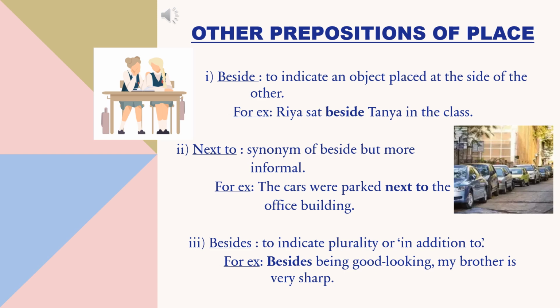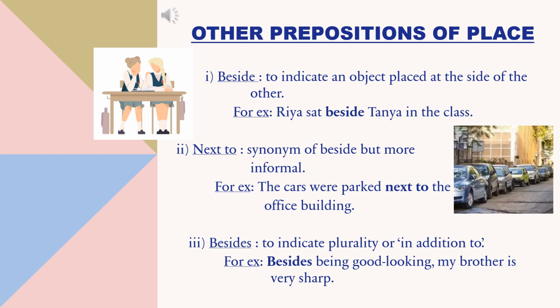Then we have another preposition, next to. It is almost a synonym of beside. It's just that it is more informal and it can also be used when there is a little more distance between the two objects. For example, the cars were parked next to the office building.